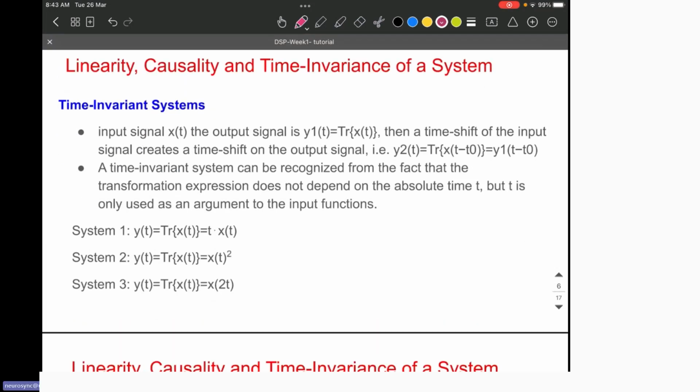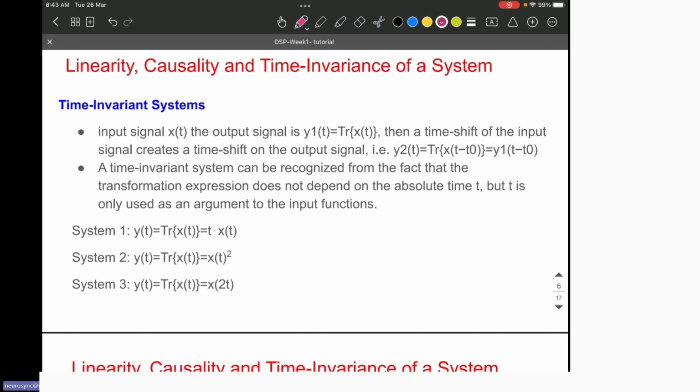Now, the third important characteristic is time invariance. Now, how to define time invariance? Before yesterday also we have seen it. The system is time invariant if its output signal does not depend on the absolute time. Now, what does it mean?